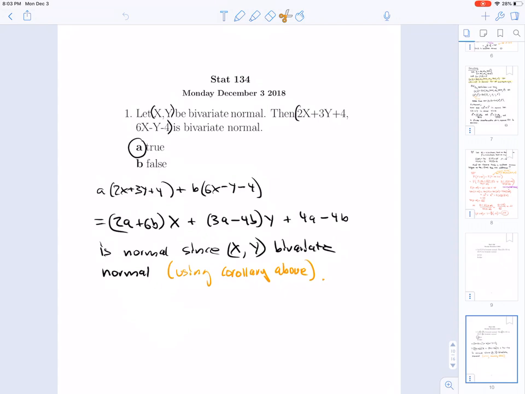So we've shown that any linear combination of 2X plus 3Y plus 4 and 6X minus Y minus 4 is indeed normal, and hence they are bivariate normal.